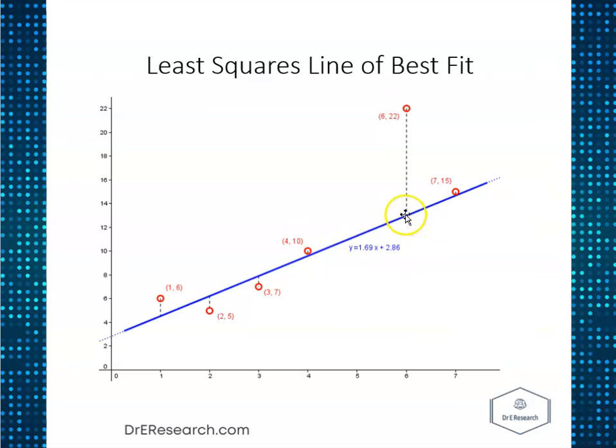The line predicts for an x value of 6, this is a different data set here, a y value of around 12 or 13, somewhere around there. But we have a data point that has an x of 6 and a y actually of 22. That's quite far away from that. However, our other points are quite a bit closer.